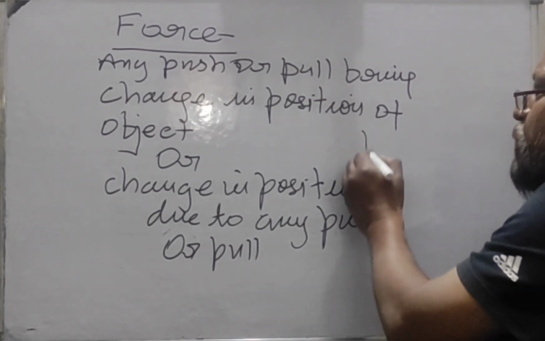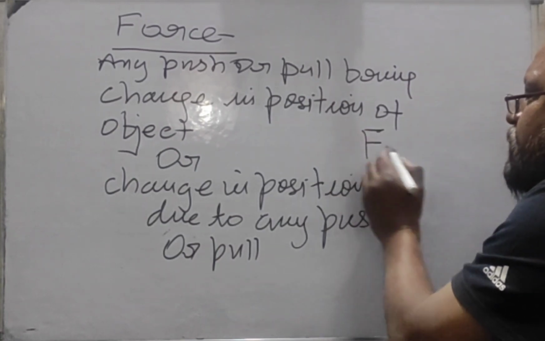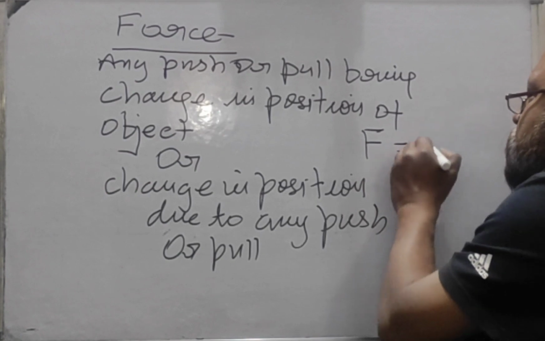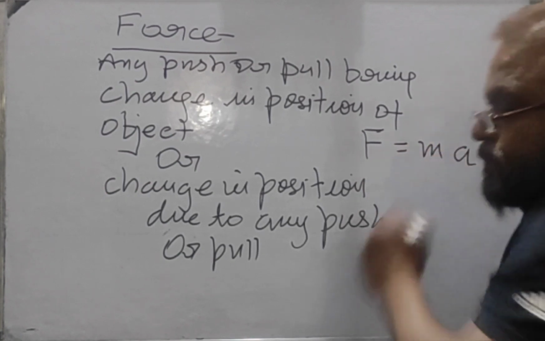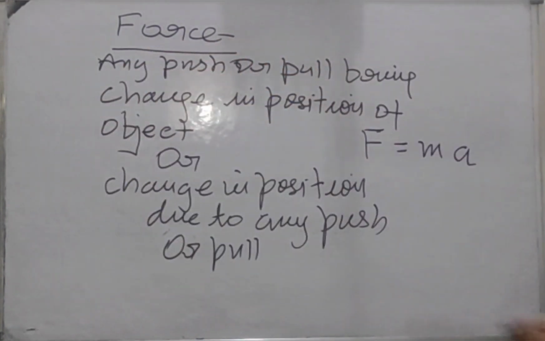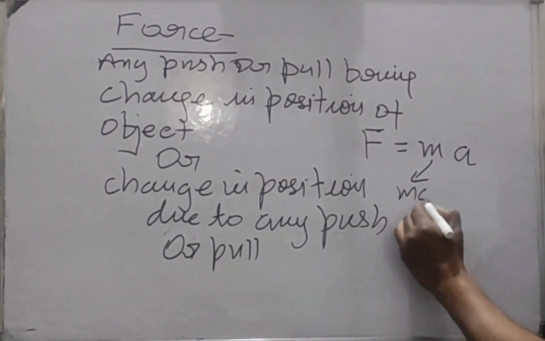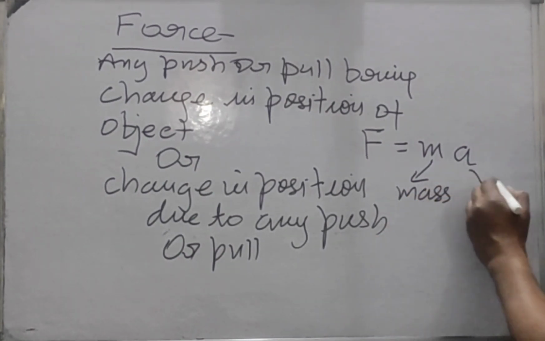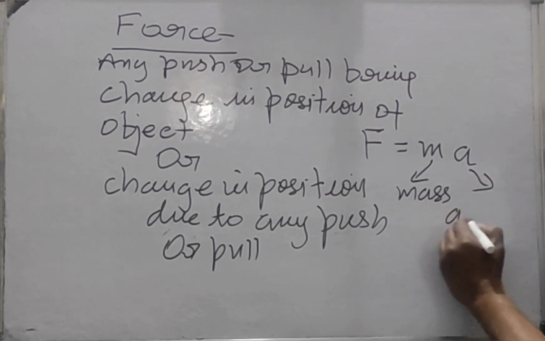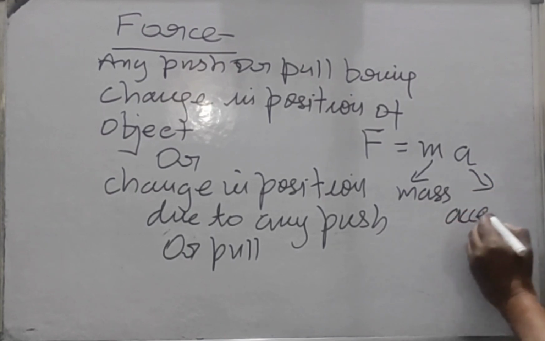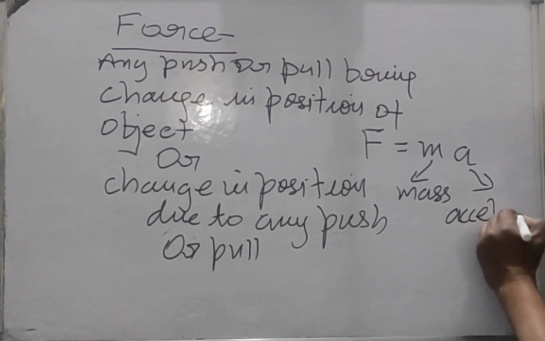Its formula is F is equal to m into a, right? Where m is mass and a is acceleration. What is acceleration?